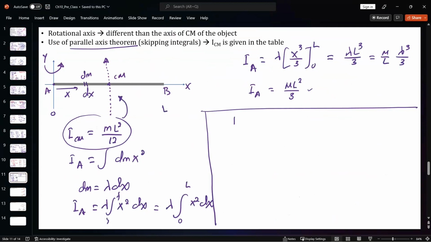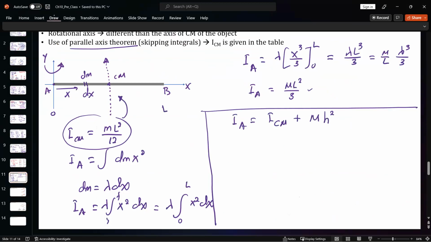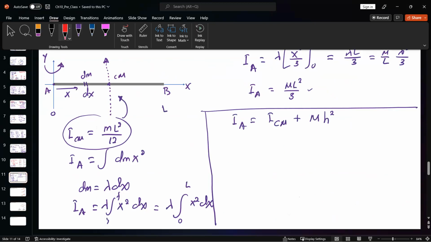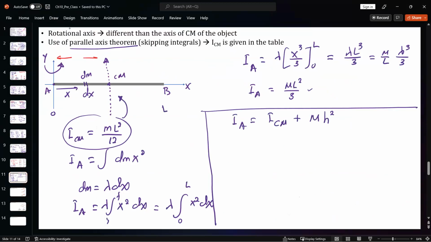So what it says, I of any other point should be equal to I of center of mass of any given object plus mass of the object multiplied by h square. The h is actually the separation between the center of mass axis and the new axis where it is actually oscillating or rotating.